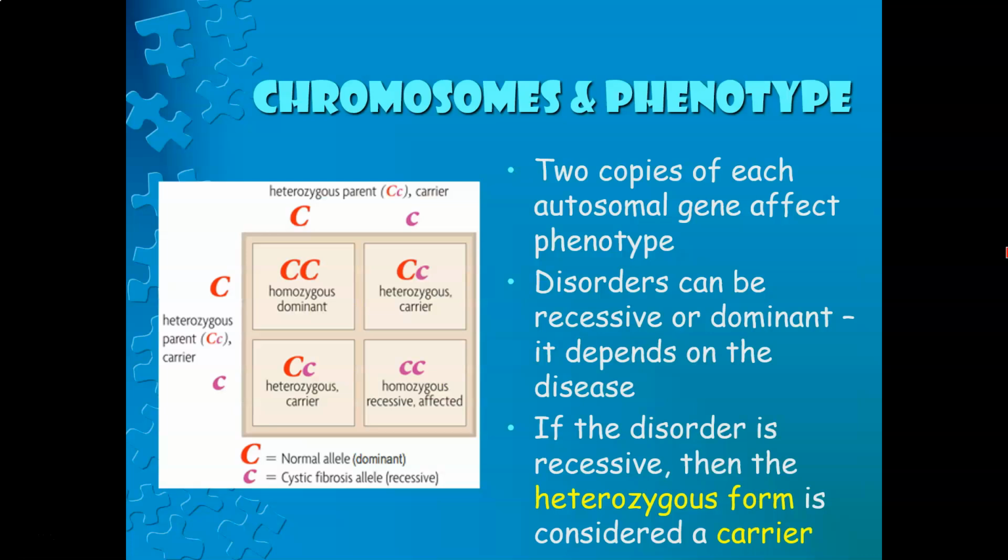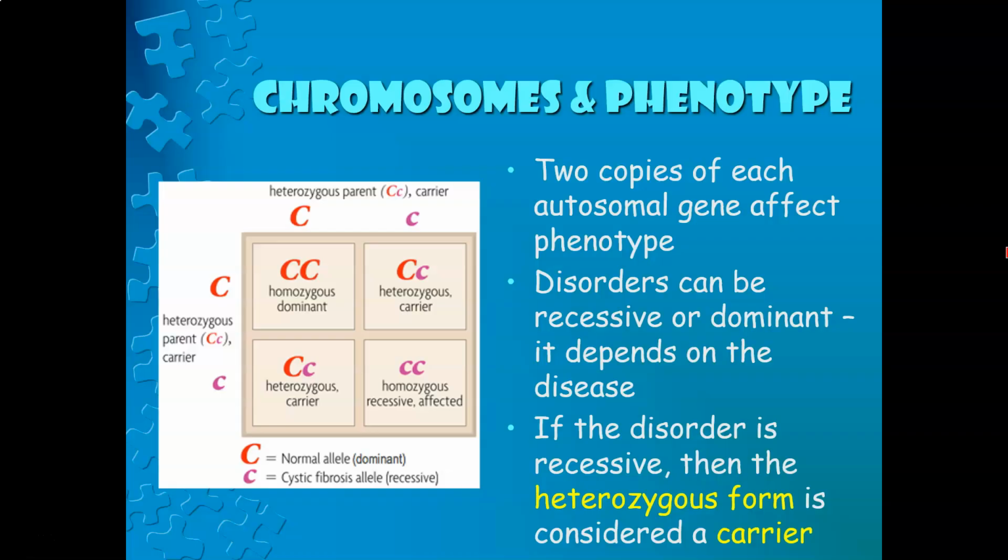Before we move on to the next topic, there's one more thing I wanted to point out, because we're going to move away from Mendelian genetics and start getting into some exceptions to what Mendel saw with his pea plants. Before we do that, though, keep in mind that we're talking about genes thus far that are autosomal, meaning that these are on chromosomes that are not your sex chromosomes, in which case you need 2 copies of that gene, assuming you're talking about some sort of recessive trait, right?